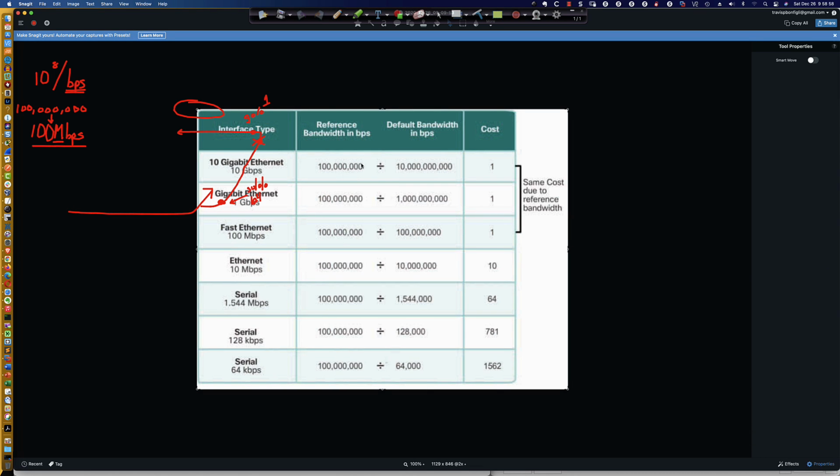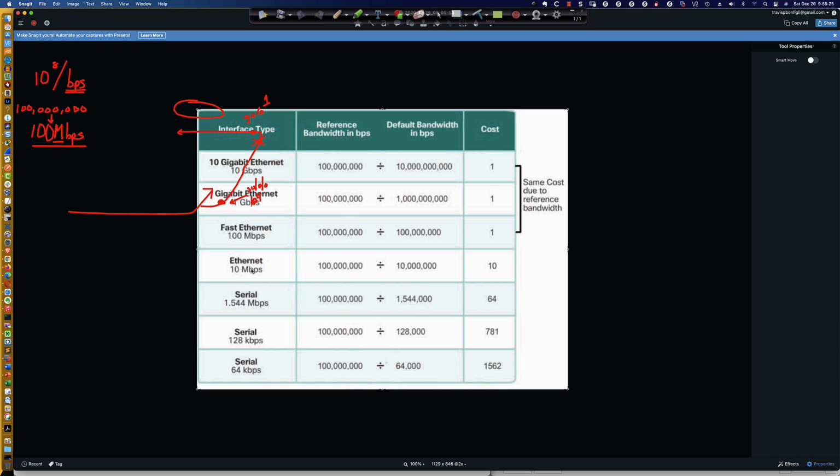This is a good time to take a look at this chart. It comes out of an older text, but you can see here, if the reference bandwidth in bits per second is 10 to the 8, this 100 million that we have all the way down here, I just need to convert the interface into bits per second and then do the division.